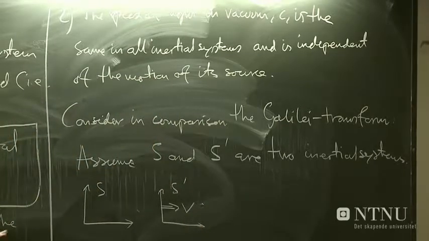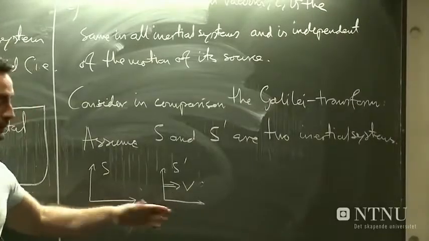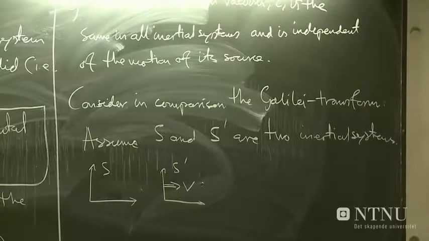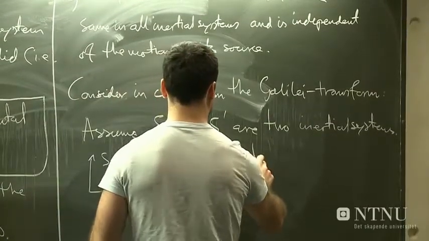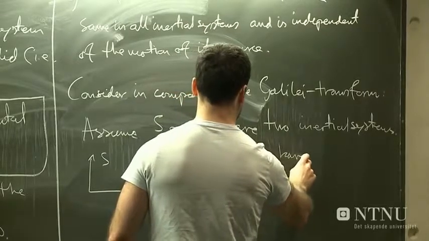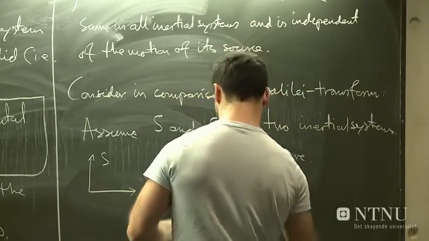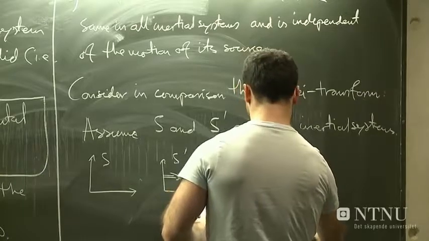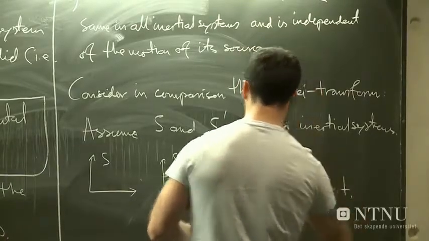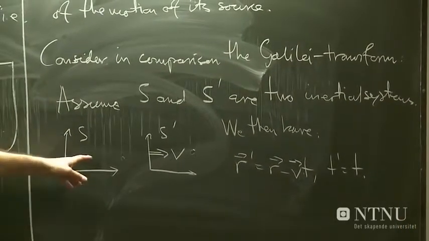Assume that S and S prime are two inertial systems, and that S prime is moving with respect to S at a constant velocity v. We then have the following transformation between the coordinates in S and S prime.